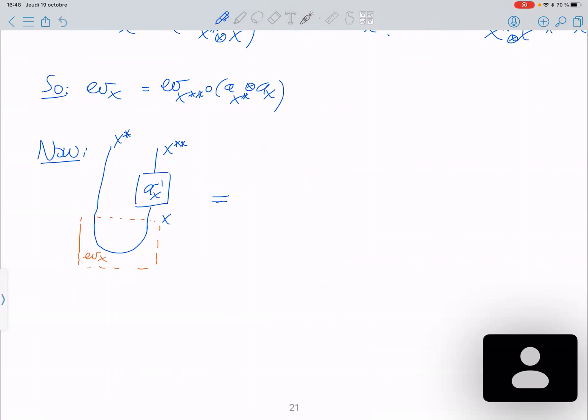So let me draw A_X star tensor A_X and the evaluation map of X double star.